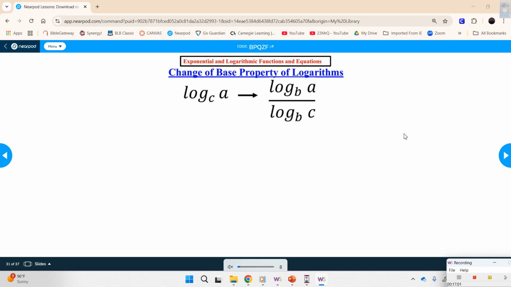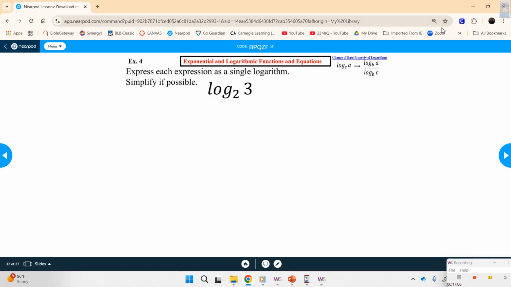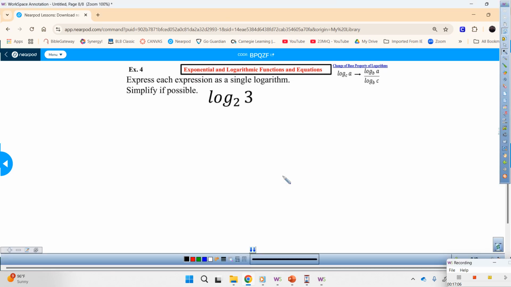All right, we good? So, with that said, let's go to example number 4. Copy this one. Log base 2, given number 3. All right, let's see.